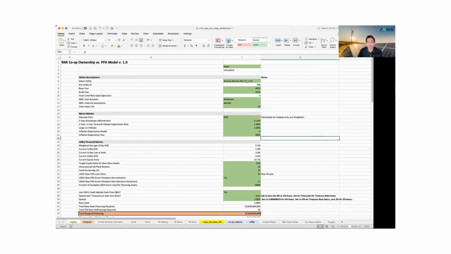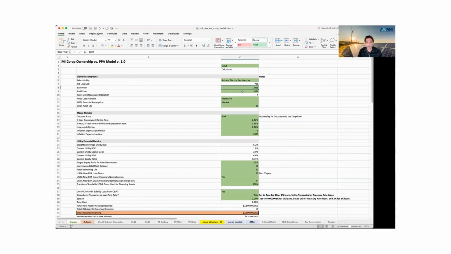So the first selection that you can make is indeed to select your utility. We're just selecting the first utility on this list. Next, we would select a base year, which we take to be this calendar year, and a build year, the year that we assume that the assets being assessed are going to be built.